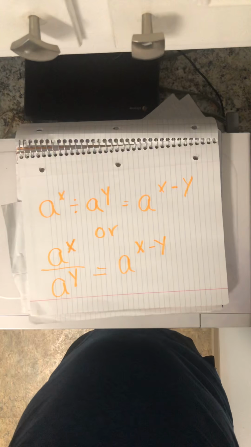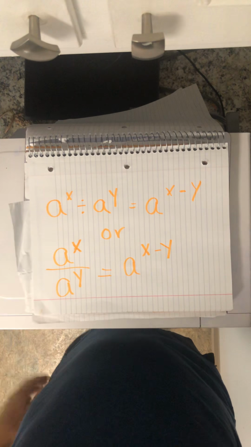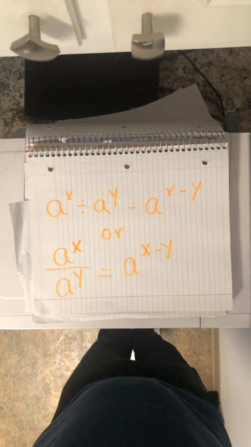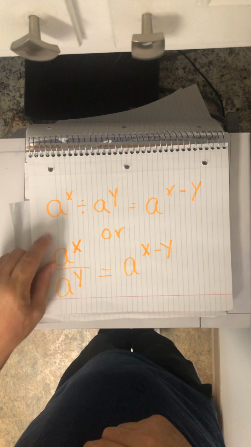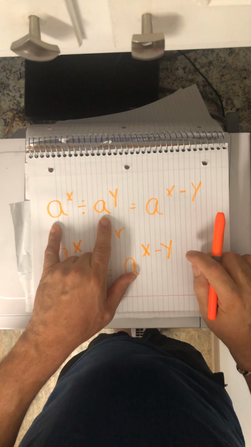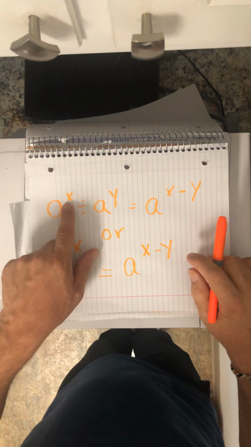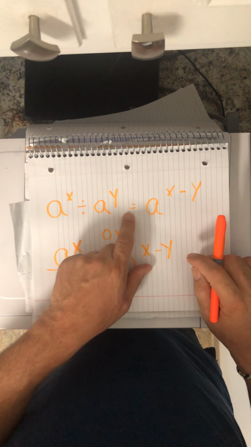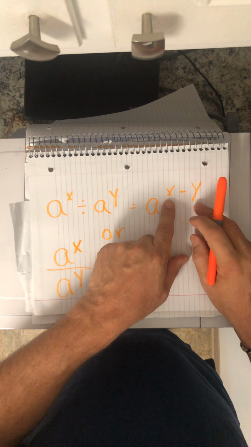Because it's called the quotient rule, if you realize what a quotient is all about, that means we're working with division. What the quotient rule says is that when you're dividing with the same base, say for instance we have a to the x divided by a to the y, that is the same thing as a to the x minus y.